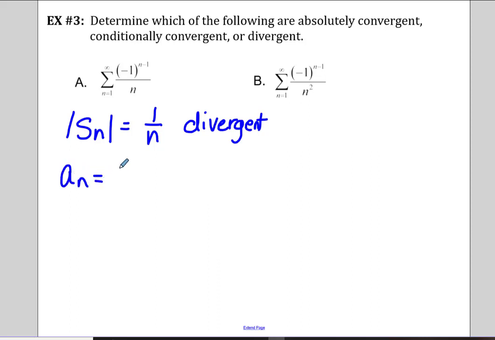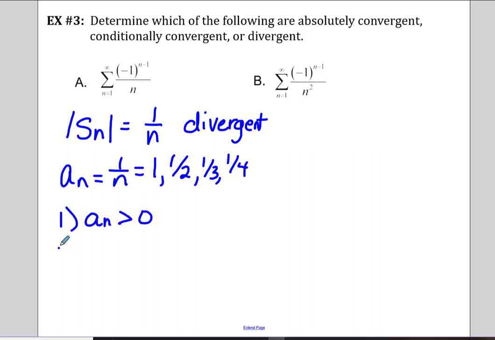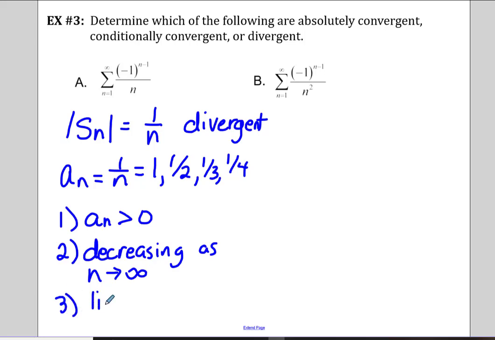Our a sub n term is 1 over n, so it's going to meet the conditions for the alternating series test because the terms are positive and decreasing as n goes to infinity. And then thinking about the limit, the limit as n approaches infinity of 1 over n is definitely 0.